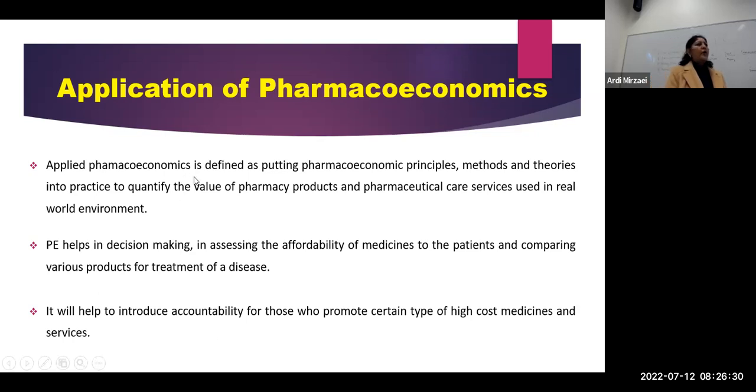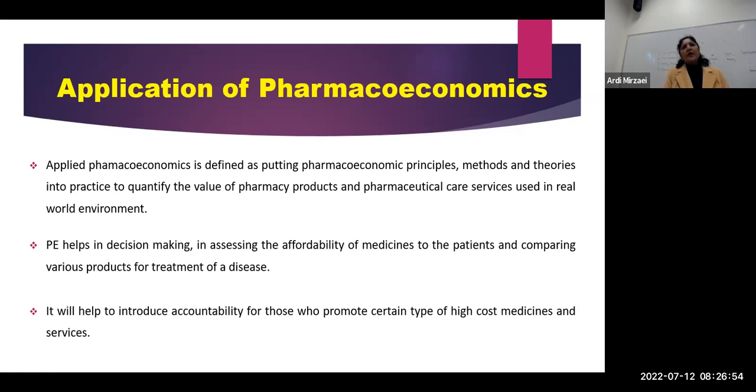Applied pharmacoeconomics is defined as putting pharmacoeconomic principles, methods, and theories into practice to quantify the value of pharmacy products and pharmaceutical care services in the real-world environment. Pharmacoeconomics certainly helps in decision-making, as you saw.